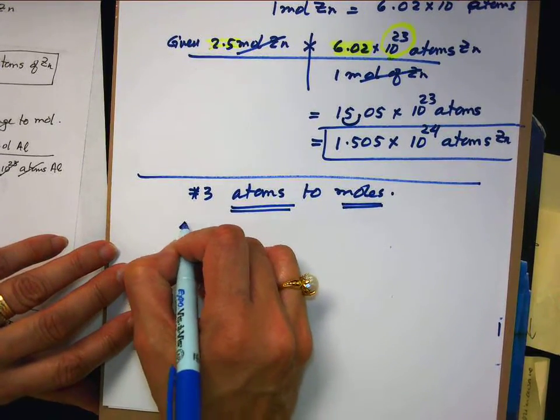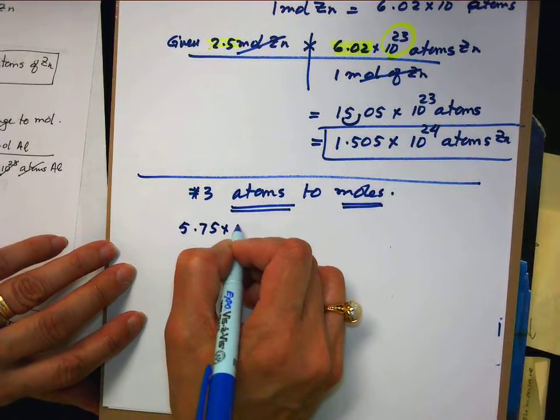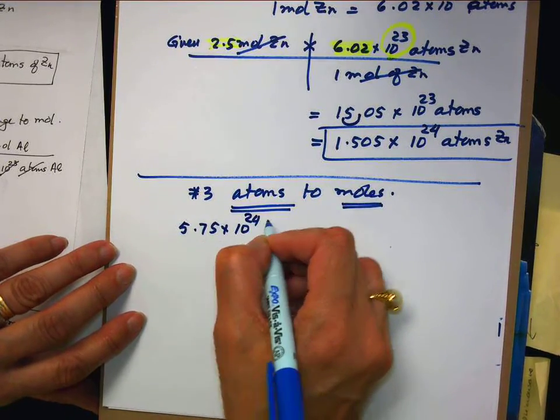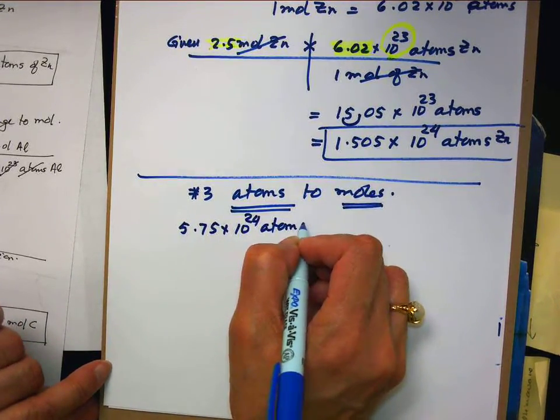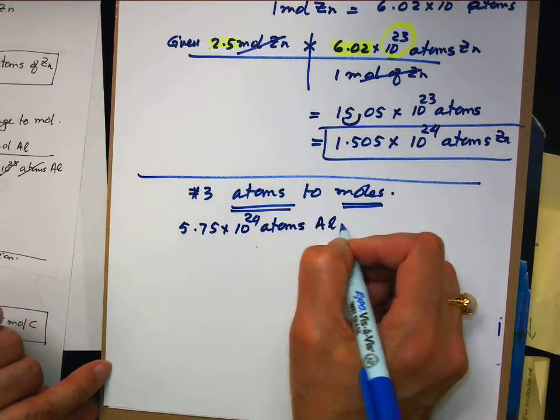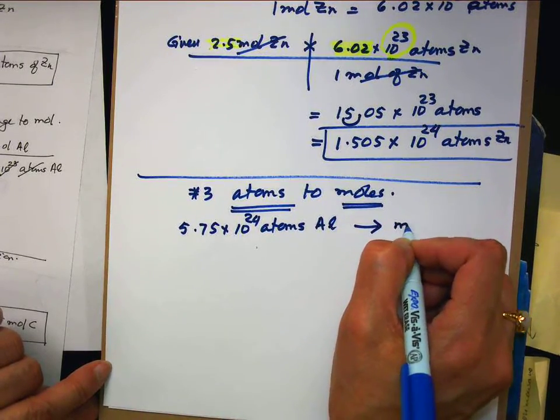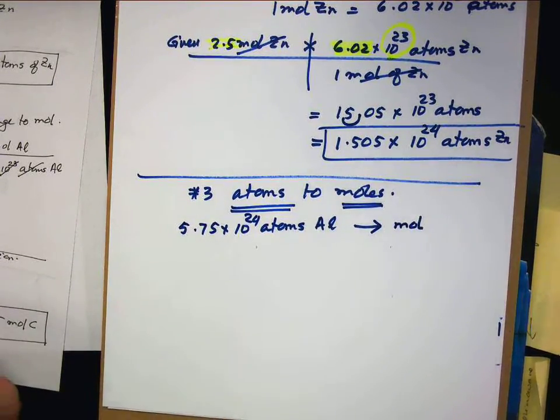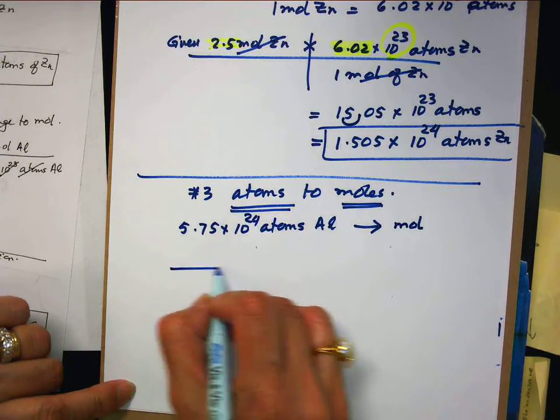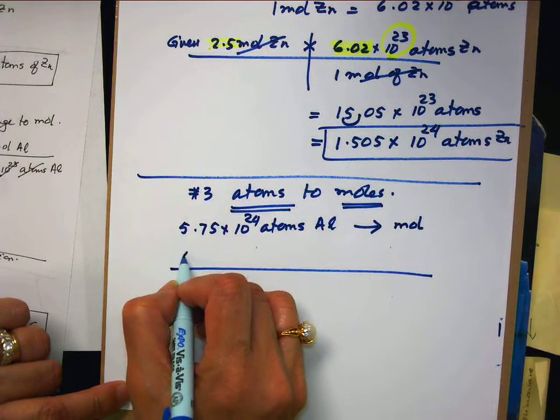Let's see, 5.75 times 10 to the 24 atoms of aluminum. Now change it to moles. Go ahead and do this. Write down what is given.